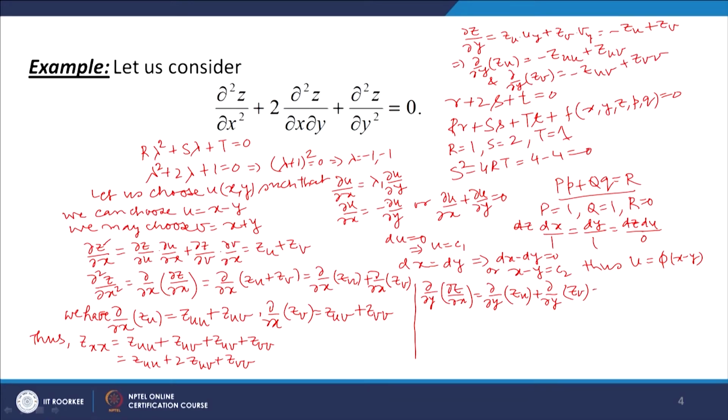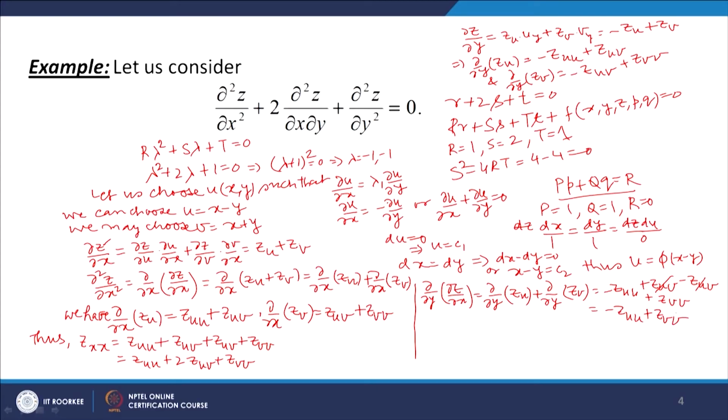So this is equal to, we can put the values now, minus z_uu plus z_uv, and then minus z_uv plus z_vv. So this cancels with this, and we get minus z_uu plus z_vv.